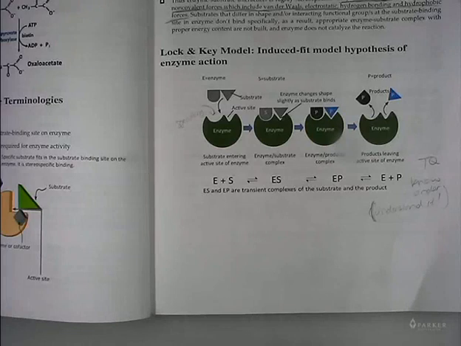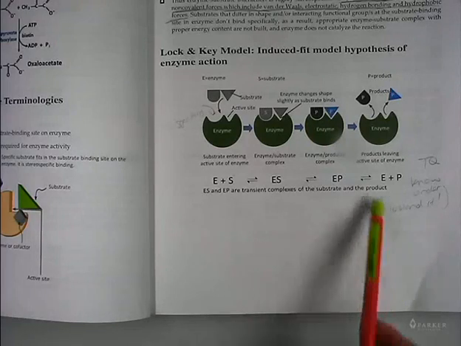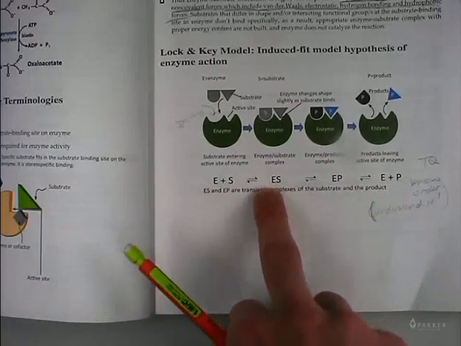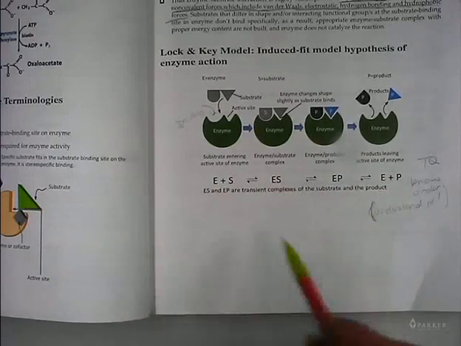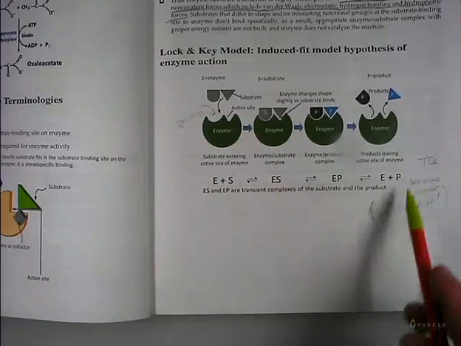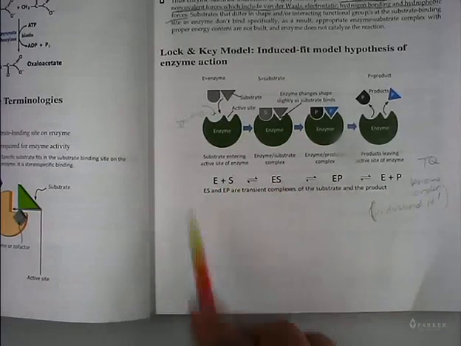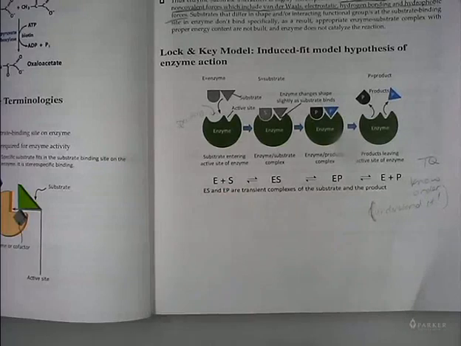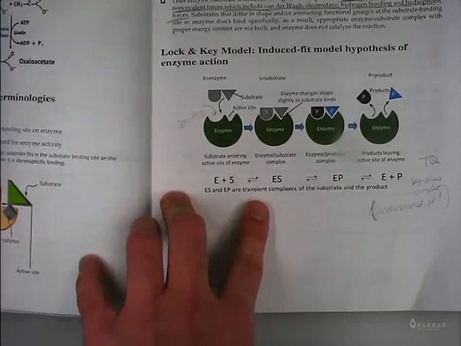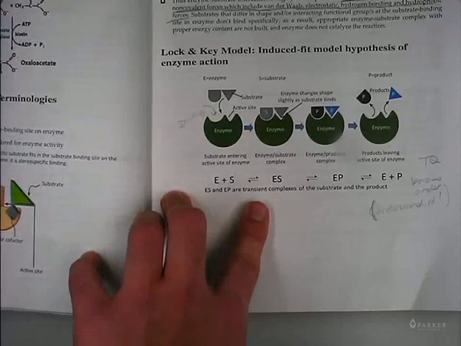He would say, put these in the right order. He'd have one first, then another, and that would be A, B would be that, C would be that, and D would be that. You just need to know it's E plus S first, then order 1, 2, 3.